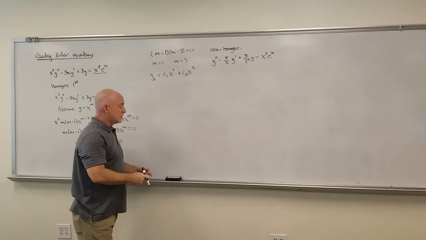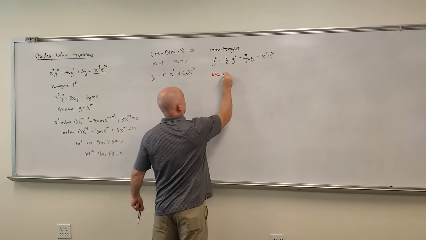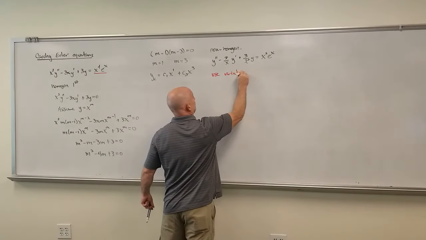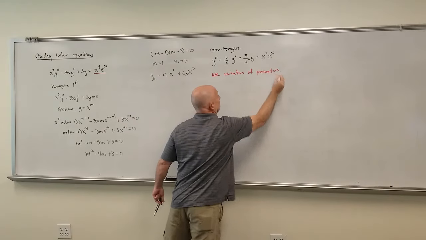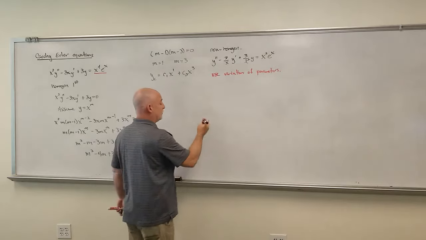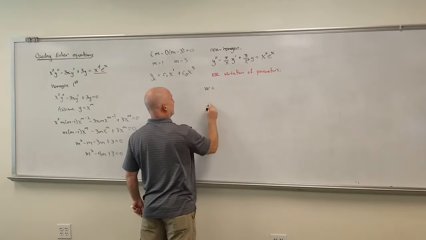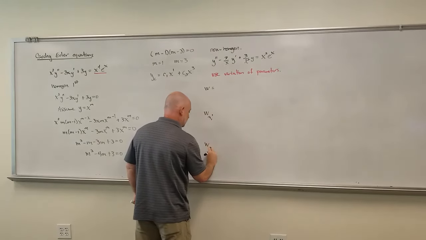All right, I would suggest here, and it's a pretty good suggestion, use variation of parameters. Now remember how we do variation of parameters, we got to come up with three values. We got to come up with what w is, w sub u1 prime and w sub u2 prime.